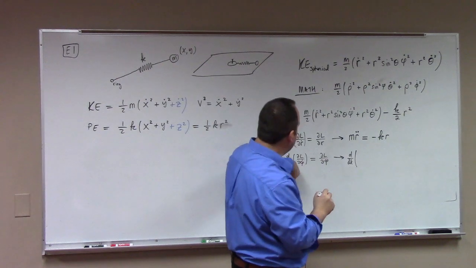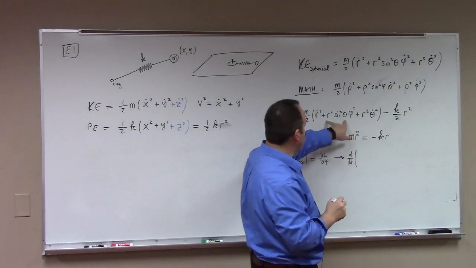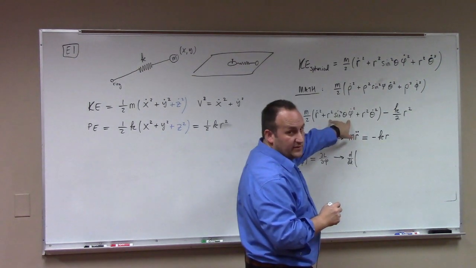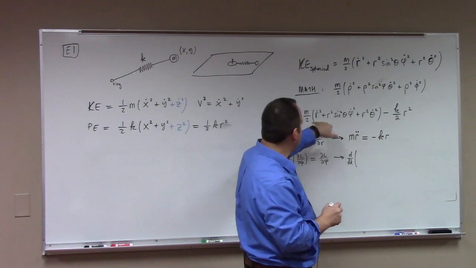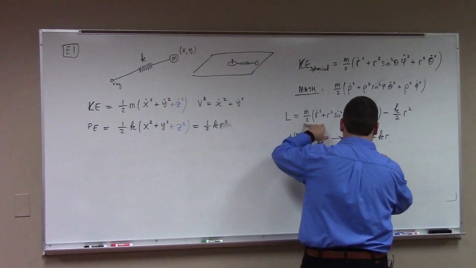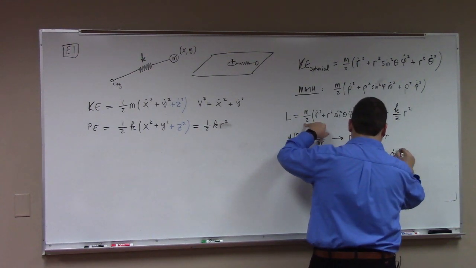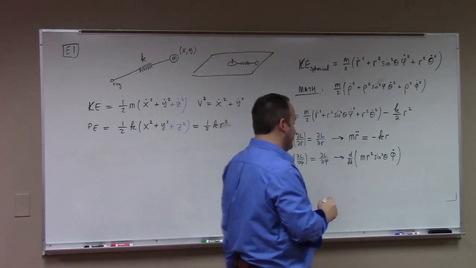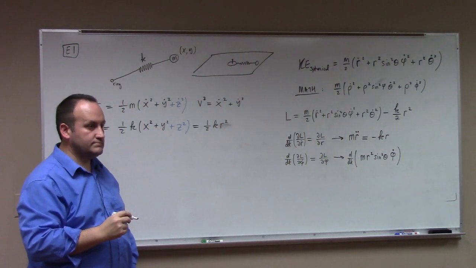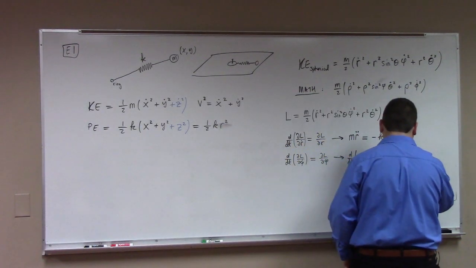Looking at this, everything here is 0 except for that middle term right here, and that differentiates to give me a 2 phi dot. That 2 cancels the half, and I'm left with m r squared sine squared theta phi dot. And that's equal to 0.